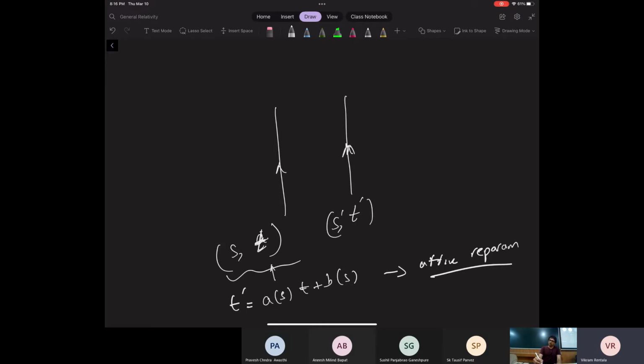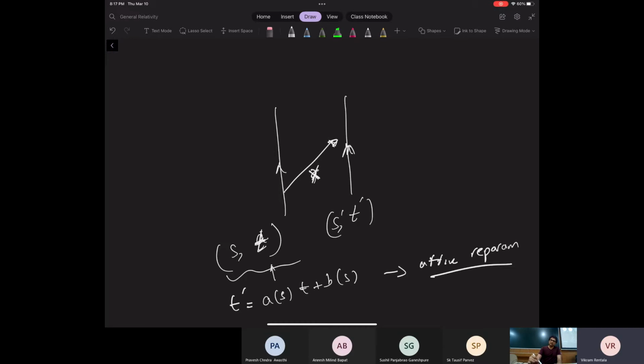If you don't reparameterize, that's it. This would be x here. Yeah, in flat space, this is all you're doing by that reparameterization, right? Yeah.